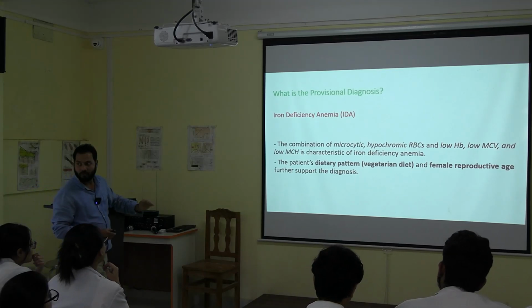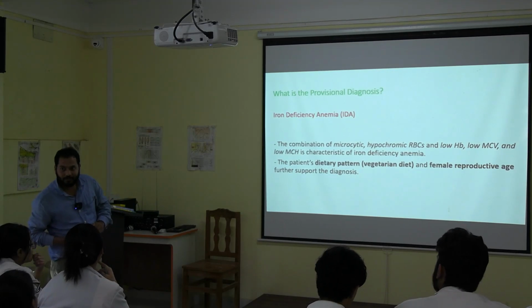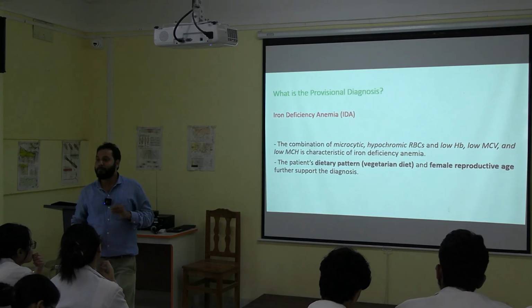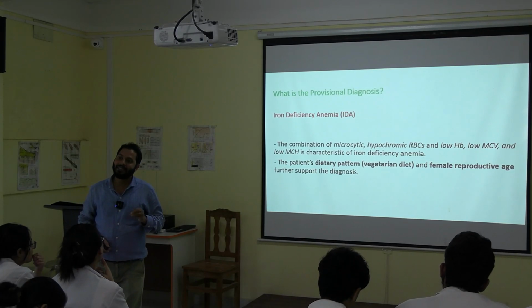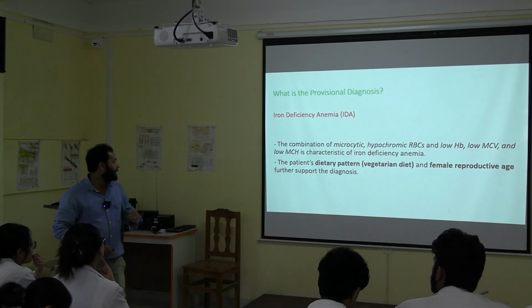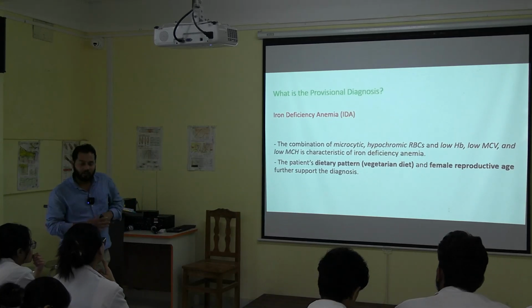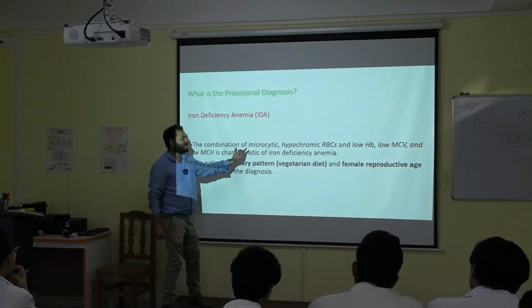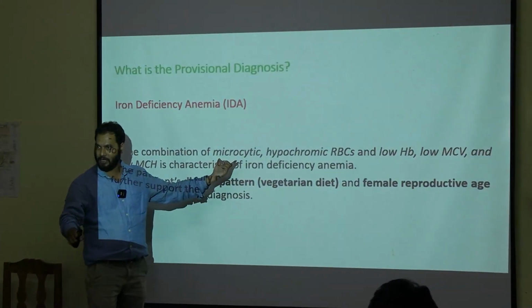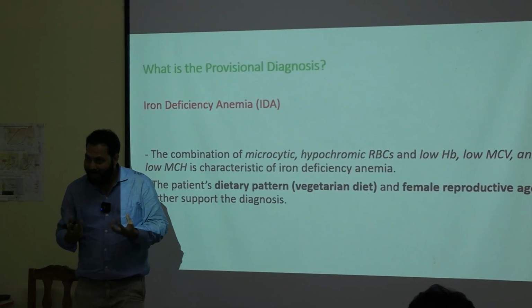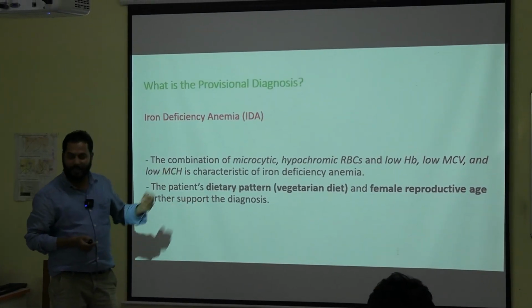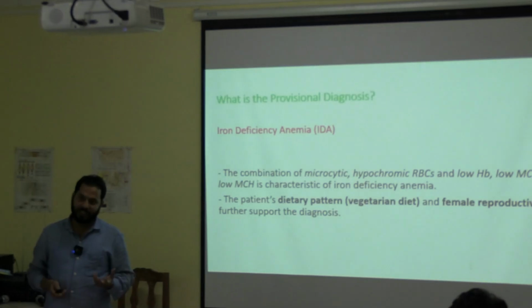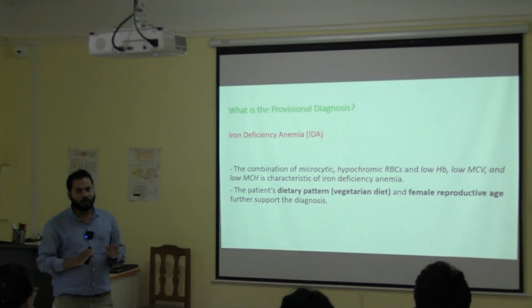MCH, mean corpuscular hemoglobin, is the percentage of hemoglobin present in an RBC. Clear? So that is also not normal. So all these characteristics like microcytic, means cell size is less, the volume of the cells is less, not normal, and it is hypochromic RBC, as well as the MCV and MCH percentage is also not normal.